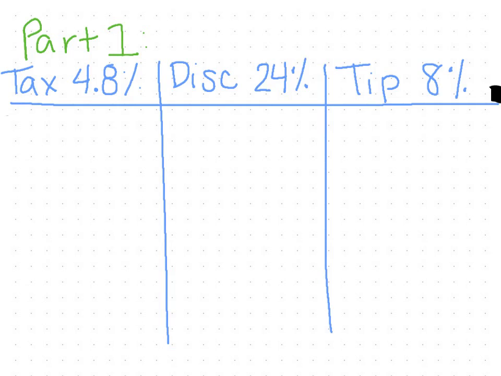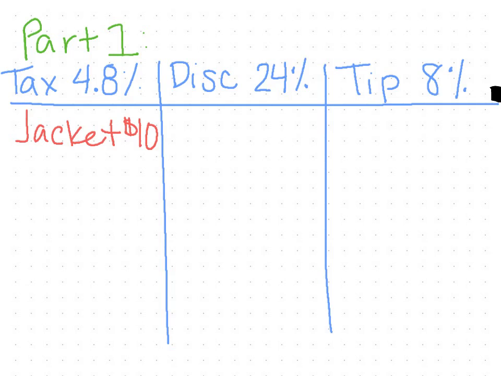So we talked about tax and tip a lot, and we used our bar model. But today we're just simply going to talk about whether it's an add-on or takeaway problem and how that's going to change our percent. So whatever item we have, let's say for this first one we're buying a new jacket, and our jacket is $10.